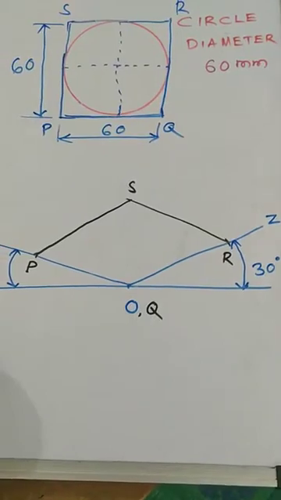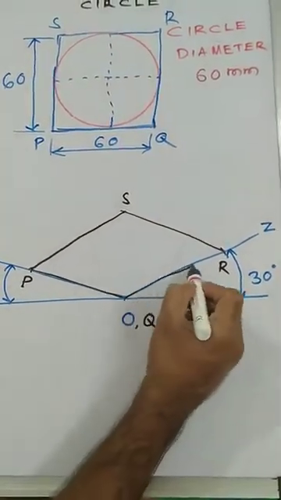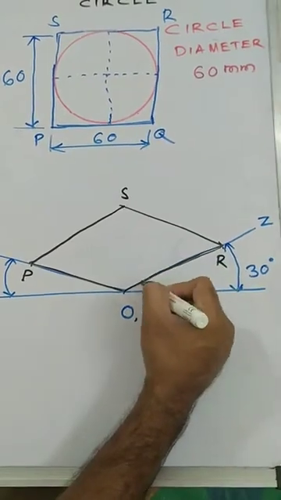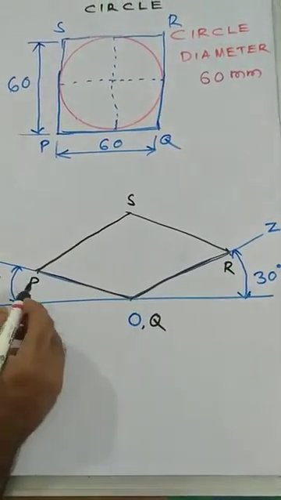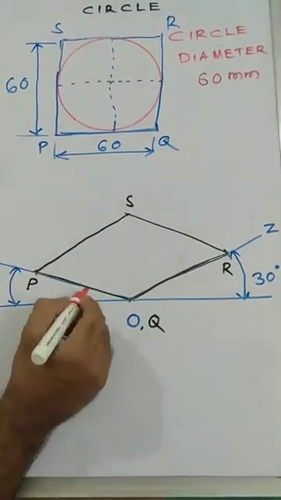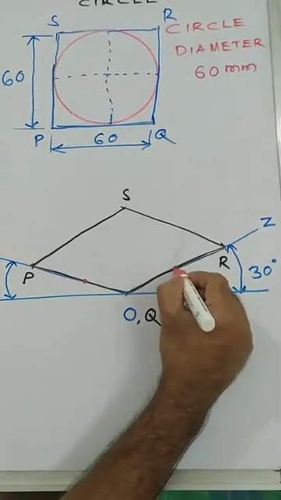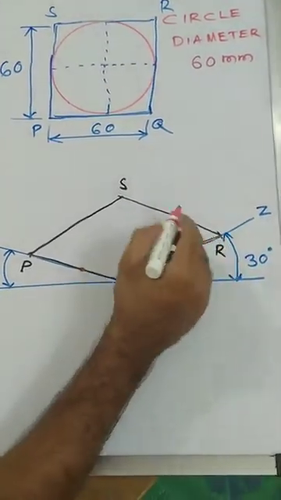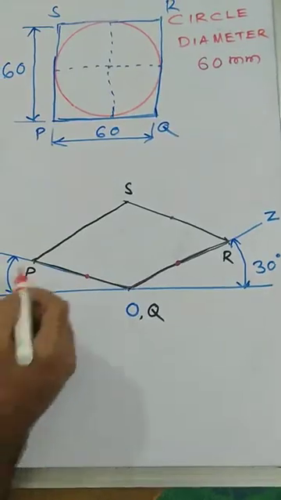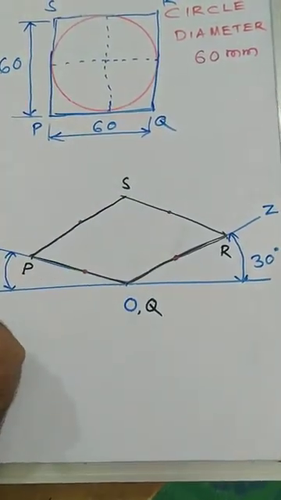After getting these points, for each edge PQ, I am locating a midpoint. This is the midpoint. For QR, locating a midpoint. RS midpoint and SQ midpoint.